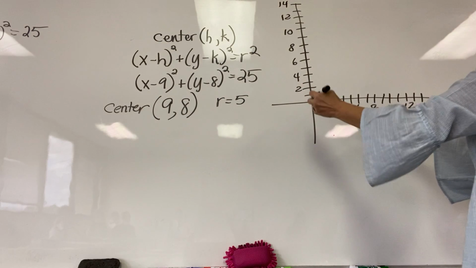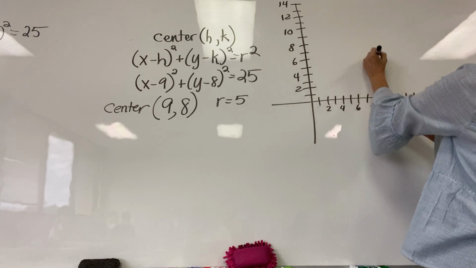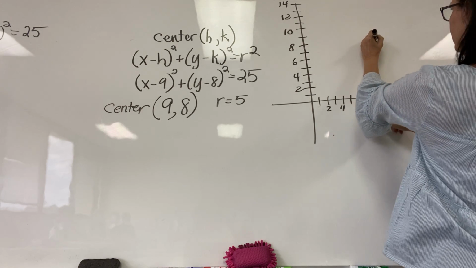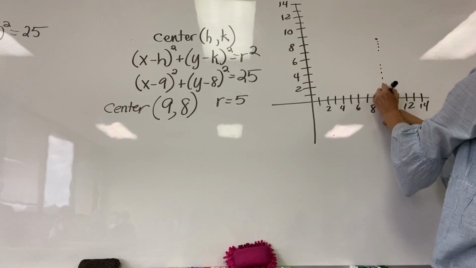All right, my center is at 9. Here's 9. 8. Here's 8. About. Right? There's my center of the circle.